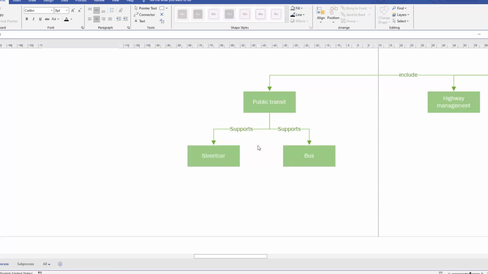Perhaps the other aspect of managing public transit would be creating schedules, providing apps to users, publishing the maps. So we can include here scheduling. Is supported by scheduling.